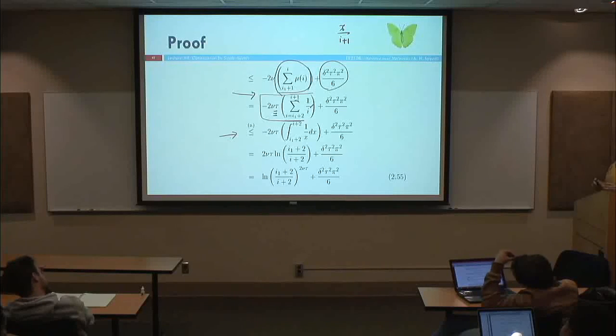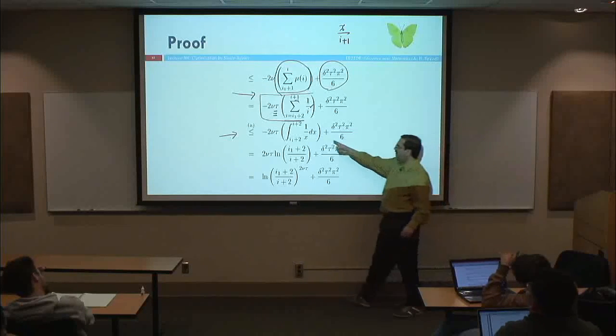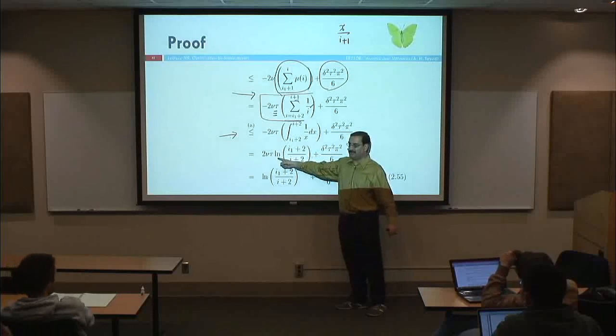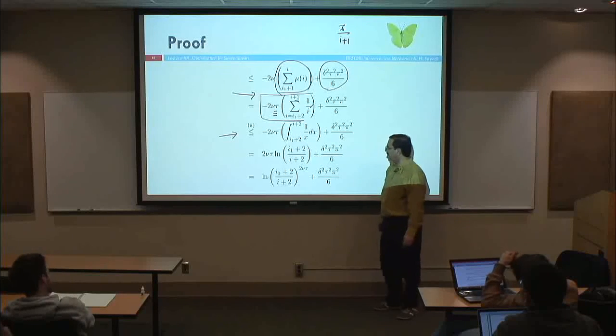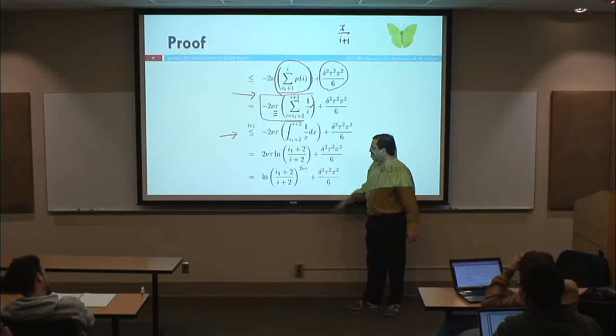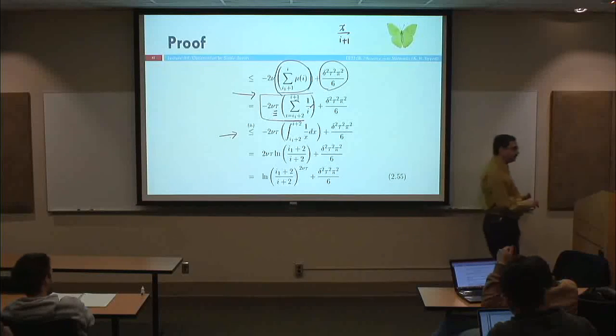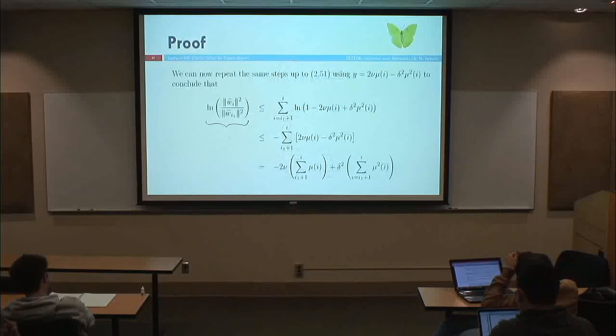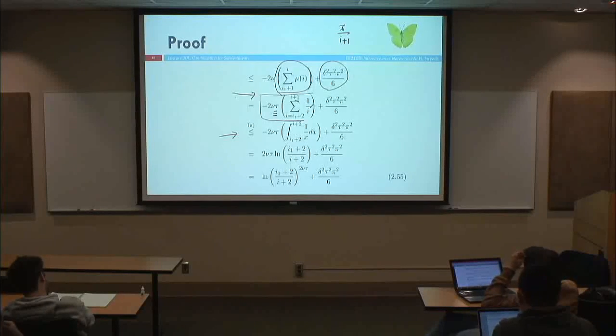So this is just plain algebra. And then the integral of 1 over x is the log between these 2 points. And this coefficient, I can bring it up here. So then you have log of something less than or equal to this log plus that.